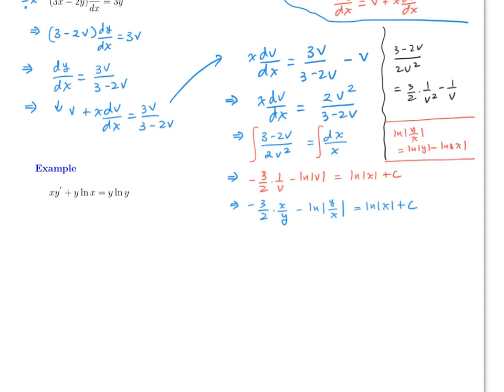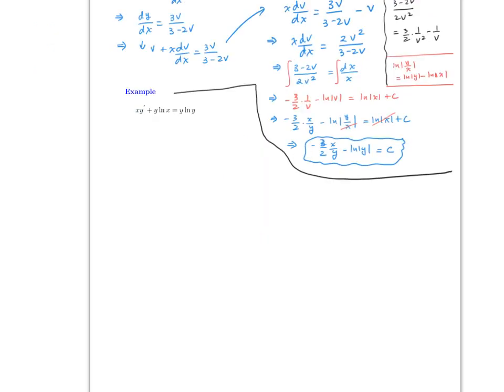So what you have left will be negative 3/2 x over y minus ln of y equals a constant. And that's it. Here you could solve for y explicitly, but just leave the answer like that.